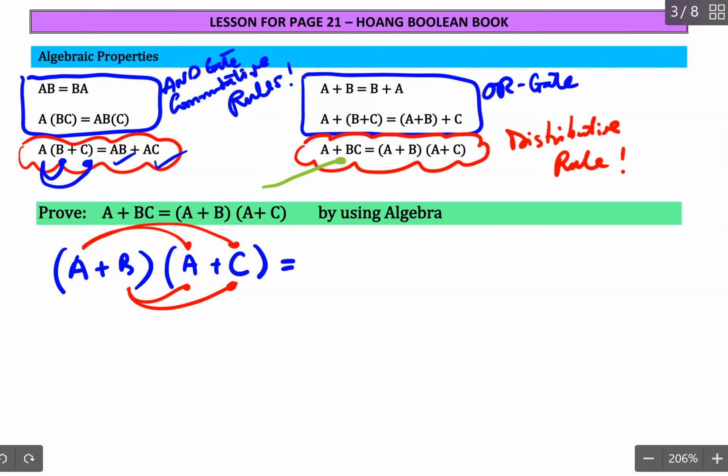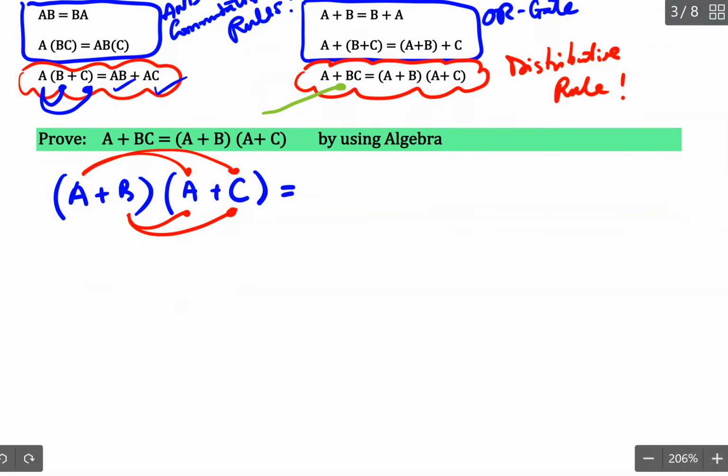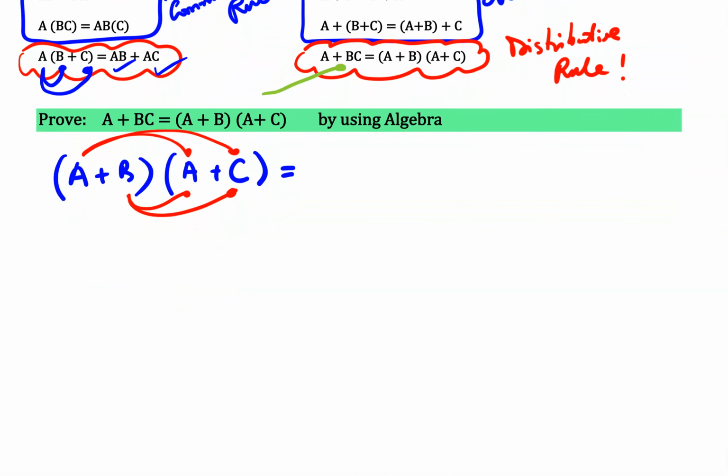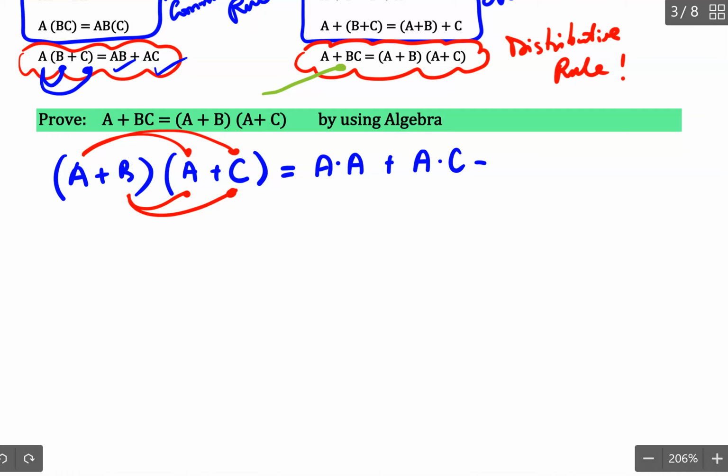I would like to write it in terms of Boolean algebra, mixing Boolean and algebra so that it's easy for us to recognize what operation we should use. Let's start with A times A. So I put A dot A plus A dot C plus B dot A plus B dot C.